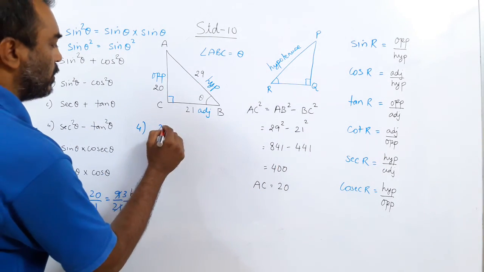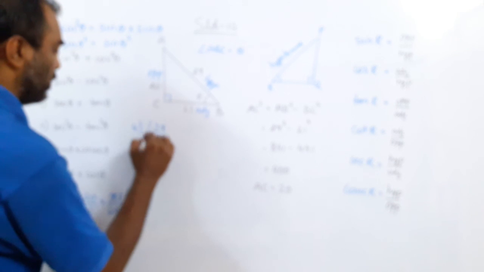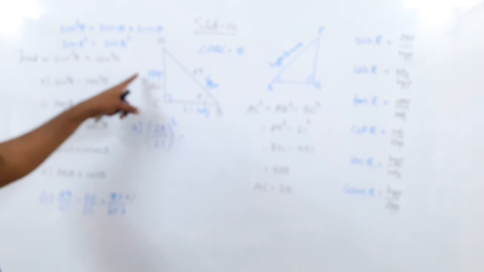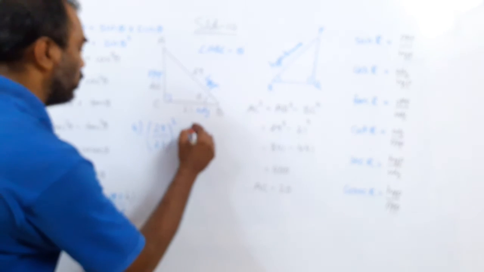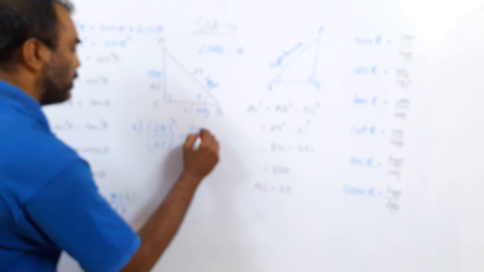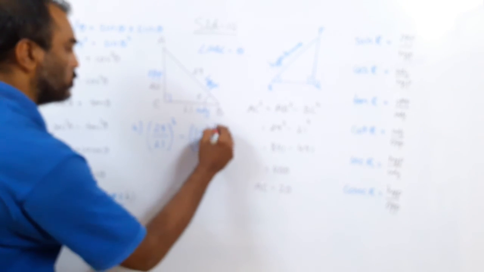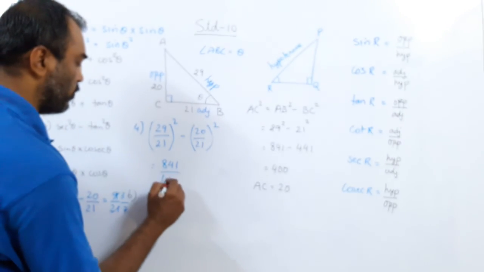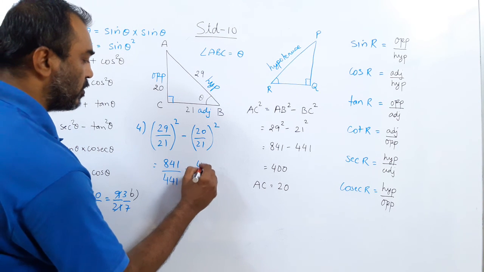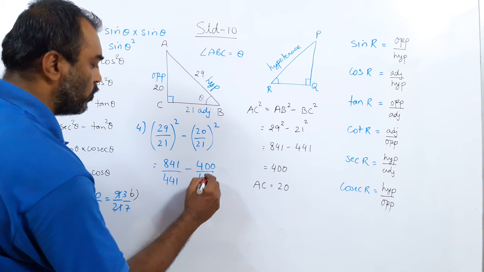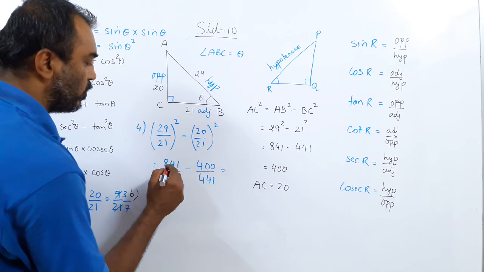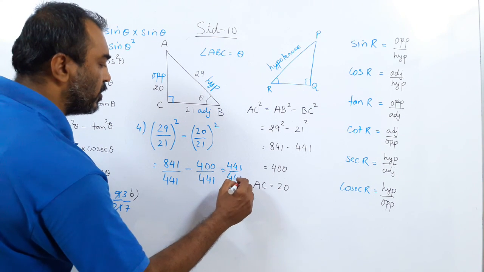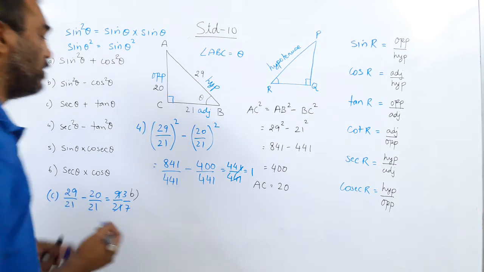So hypotenuse 29 upon adjacent 21, the whole square, minus tan square theta, opposite upon adjacent, the whole square. So 20 upon 21, the whole square. What is the square? 841 upon 441 minus 400 upon 441. What is 841 minus 400? 441 upon 441, and again we get the answer 1.